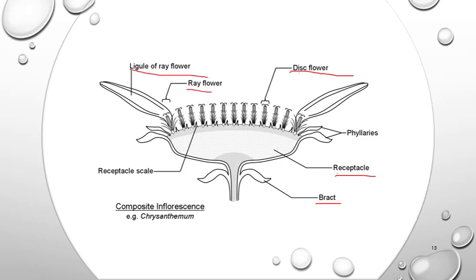Here these are the ray flowers. These are phyllaries, leaf-like structures present at the periphery of the inflorescence.